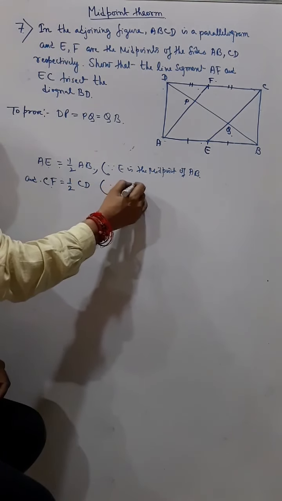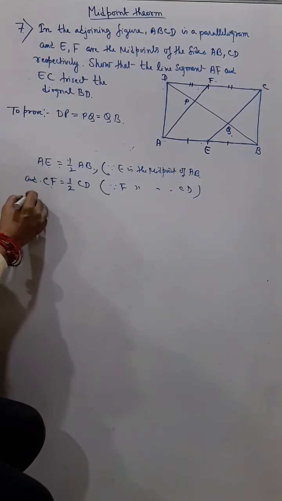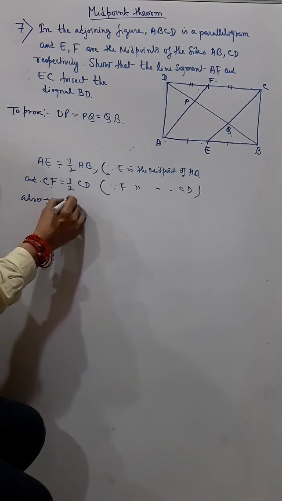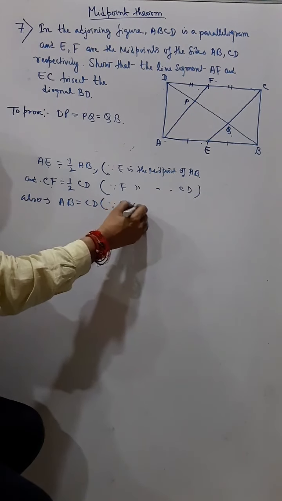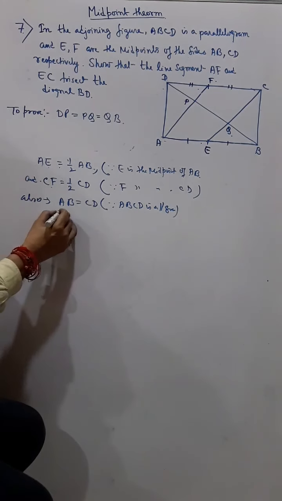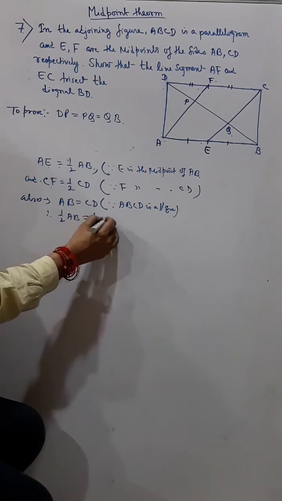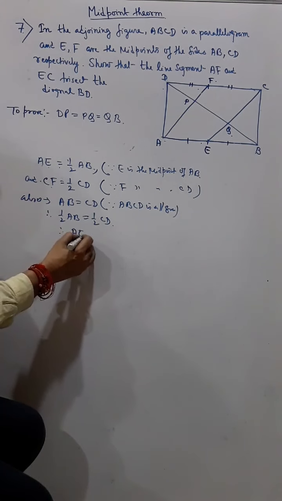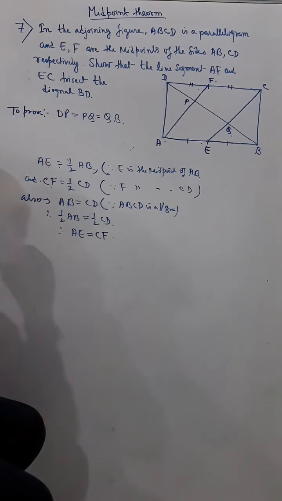Here also, since F is the midpoint of CD. Now we also know AB equals CD, right? Since ABCD is a parallelogram, it is given, and therefore half of AB is equal to half of CD, and therefore simply we can say that AE is equal to CF.